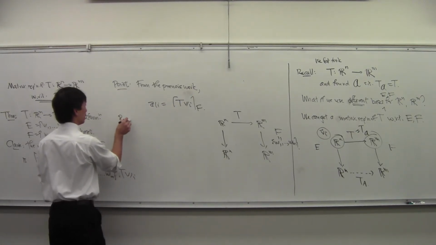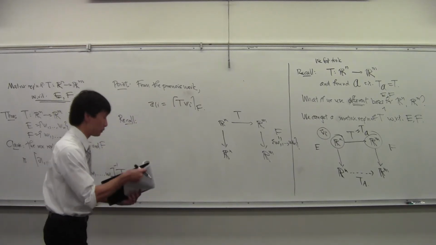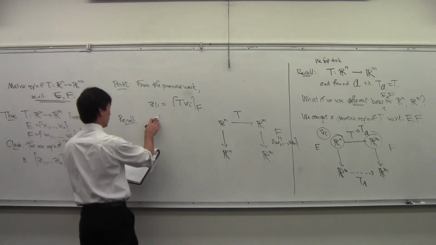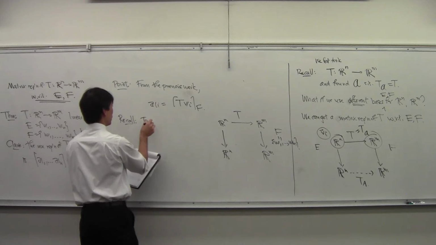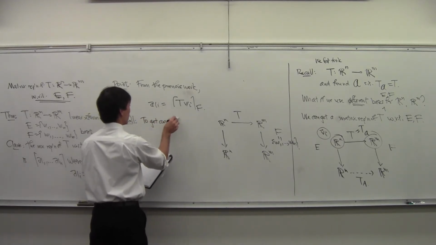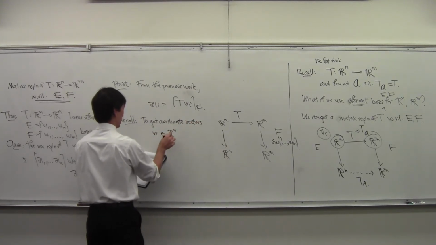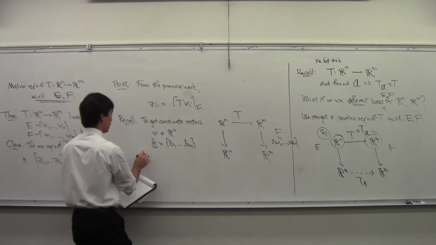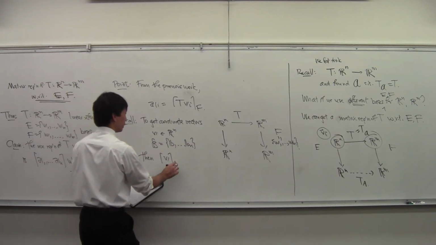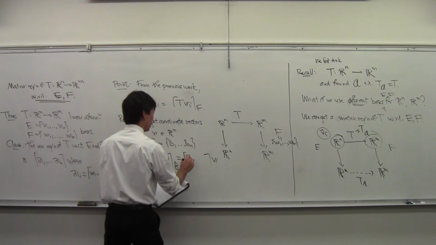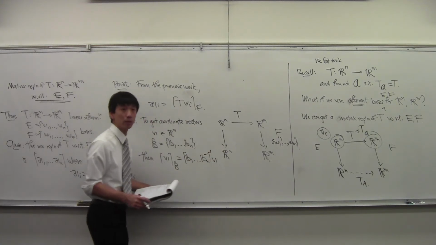Recall, to get the coordinate vectors, if you have some v in Rn and you have a basis b1 to bn, then the coordinate vector of v with respect to the b basis: you just take your vector and hit it on the left with the inverse of the matrix b1 to bn.